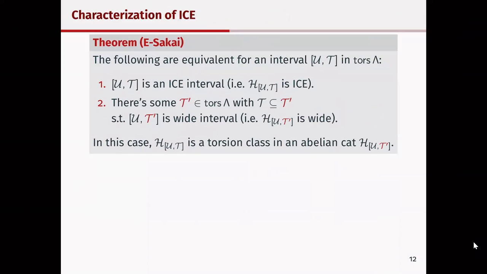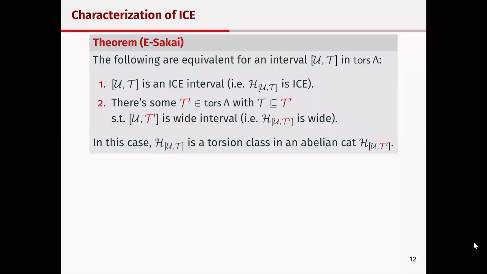And this is the characterization of ICE intervals. The following are equivalent for an interval [U,T] in tors Λ. The first condition is that this is an ICE interval, which means that the heart is an ICE closed subcategory. The second condition is that there exists another torsion class T prime, which contains T, and [U,T'] is a wide interval. A wide interval means that the heart of this is a wide subcategory. So the situation looks like this.